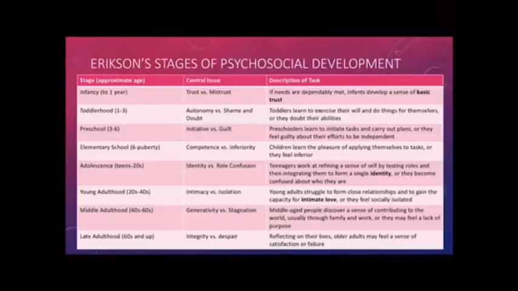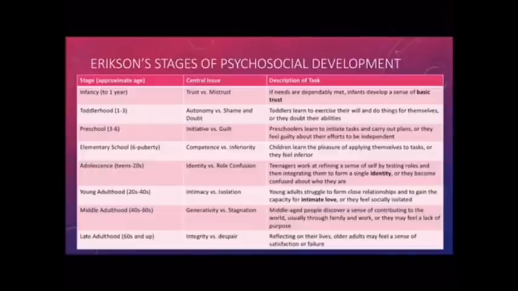But I want you to put stars or something of that nature next to infancy, adolescence, young adulthood, and late adulthood. Infancy, adolescence, young adulthood, late adulthood. Those are the 4 that I see most frequently asked about.